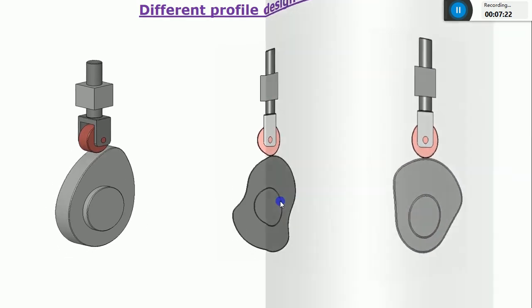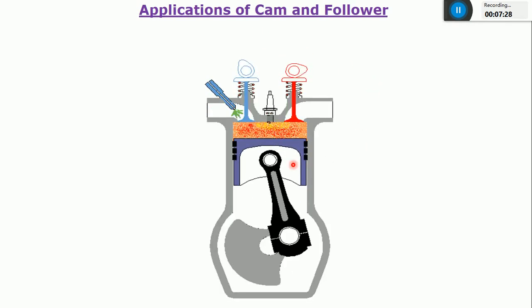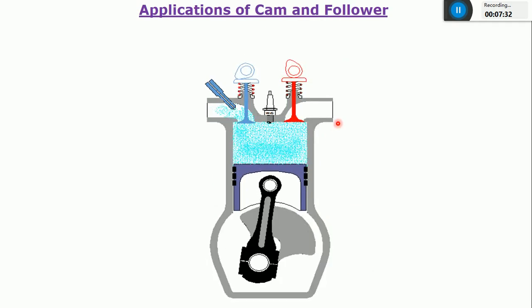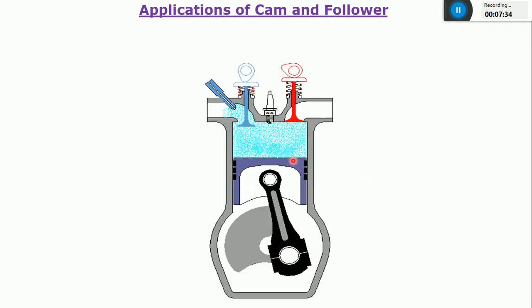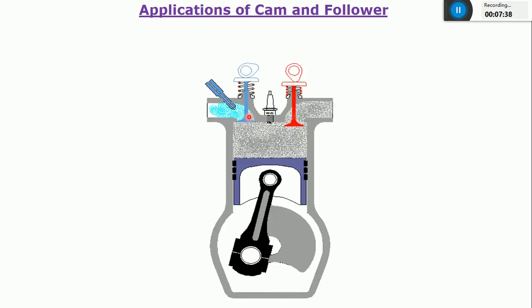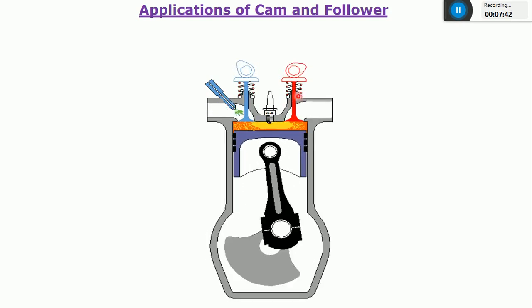Okay, and so then what are the applications of this cam and follower? I'll take a simple example. I think you can see this is an animation of an IC engine, correct? It is having 4-stroke and it is having an inlet valve and the outlet valve, or you can say an inlet valve and the exhaust valve.